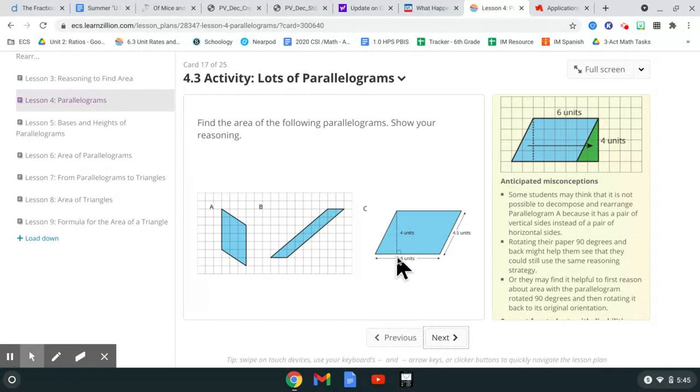And if you go back to your original diagram, this dotted line, the height is 4. The base is 6. So if the height is 4 and the base is 6, that means the area of our parallelogram is 24.